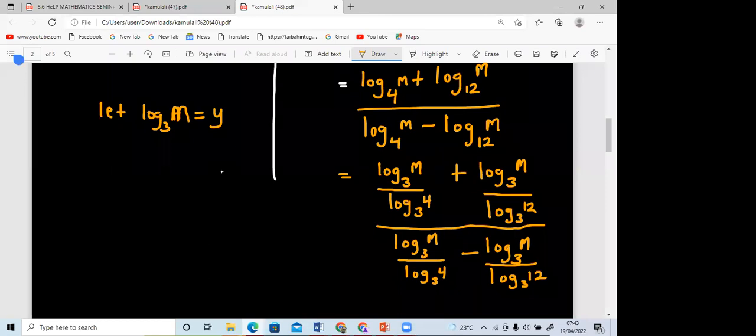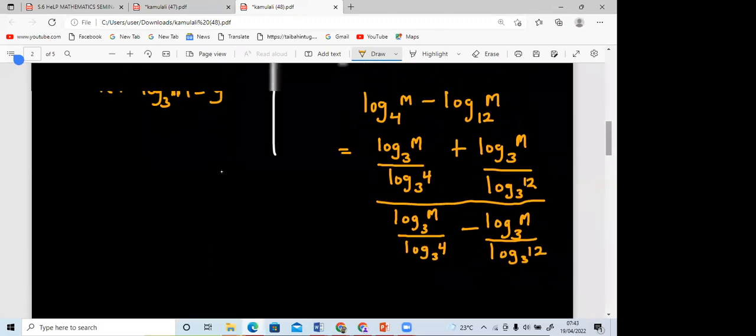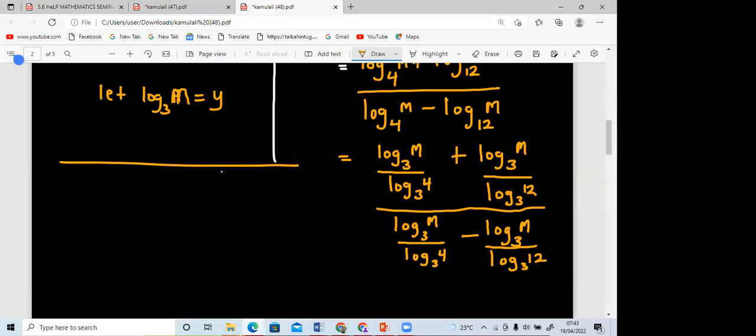That means for the upper part it will be y log 3 of 12 plus y log 3 of 4.